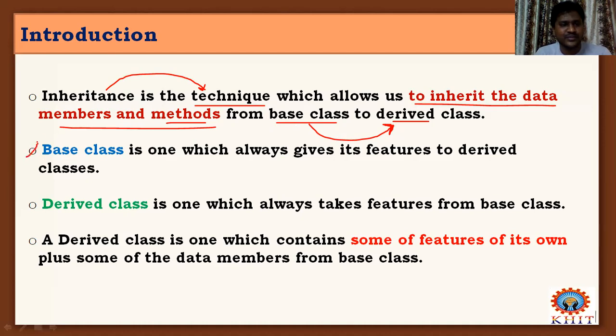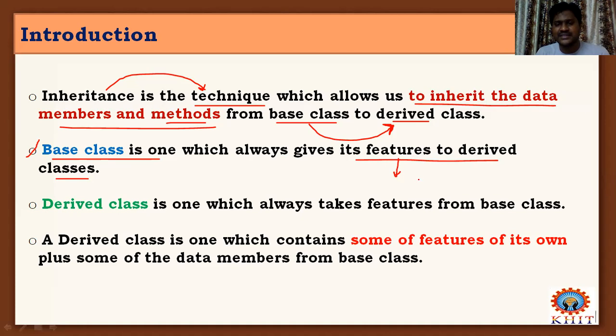So see again, what is this base class once again? The base class is one which always gives its features to derived classes. Those features may be properties or behaviors of the class. Inheritance gives the has-a relation between the base class and derived class.